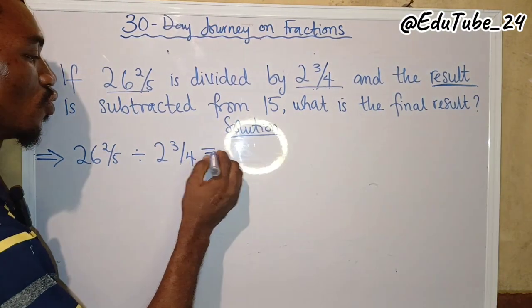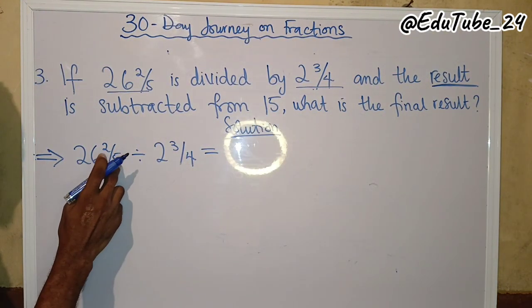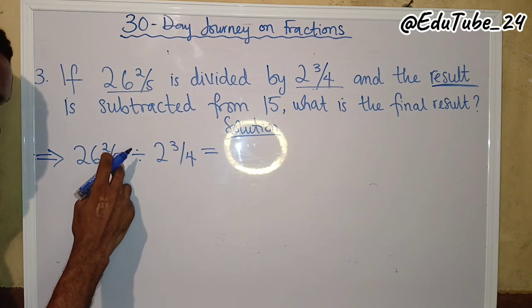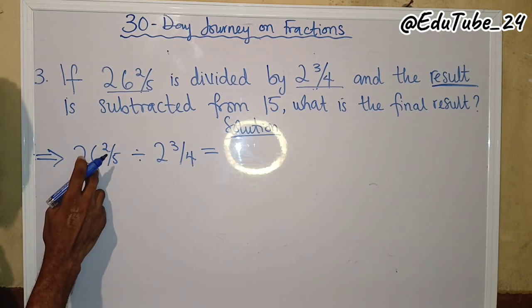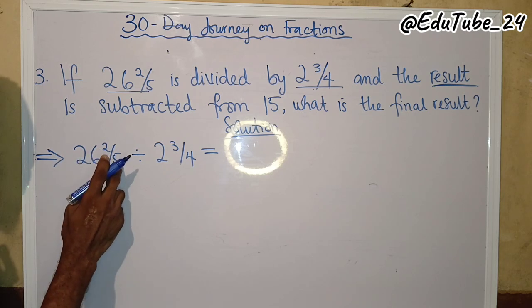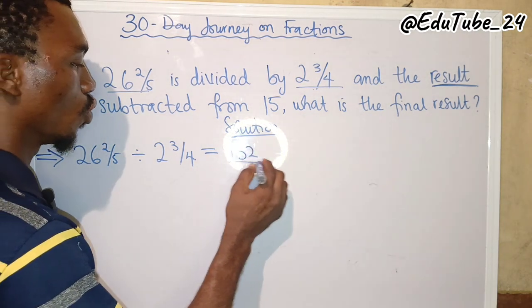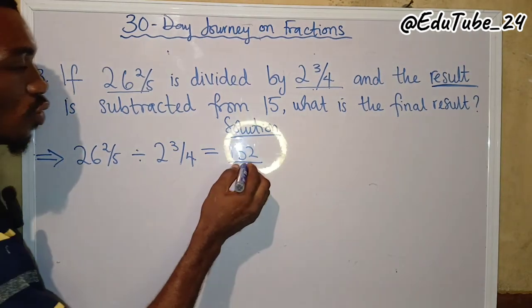So let's proceed on to solve. Now like we've been doing earlier, 26 multiplied by 5 will give you 130, and then plus 2. So that will give us 132 over this denominator, which is 5.